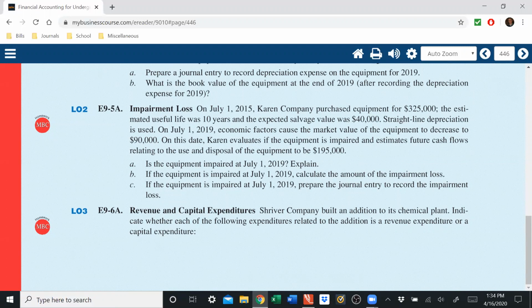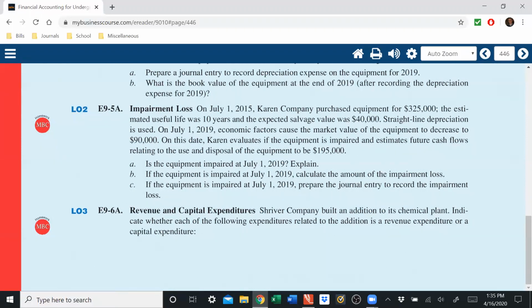So this is a cost we incur to satisfy being a capital expenditure. It has to be a cost that accomplishes at least one of three things. It only has to accomplish one, but if it accomplishes more than one, it's still a capital expenditure.